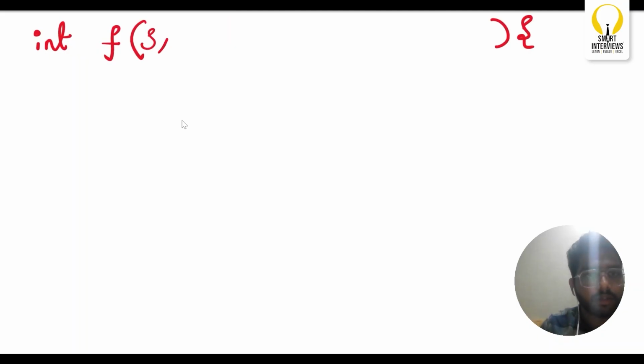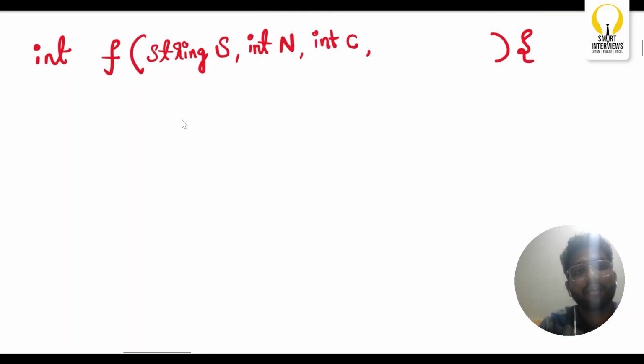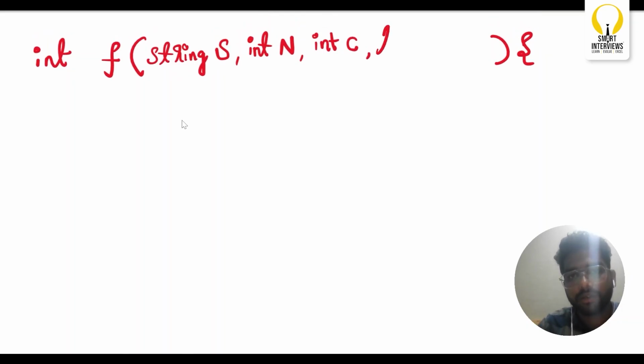I require the string s, which contains all the persons, and the number of people, right? And after that, the cost, right? And the initial translator cost, let's say T cost is the translator cost, okay?